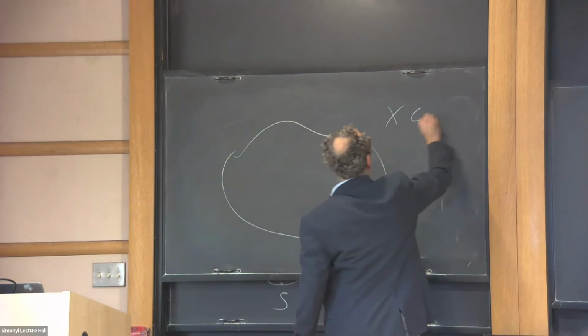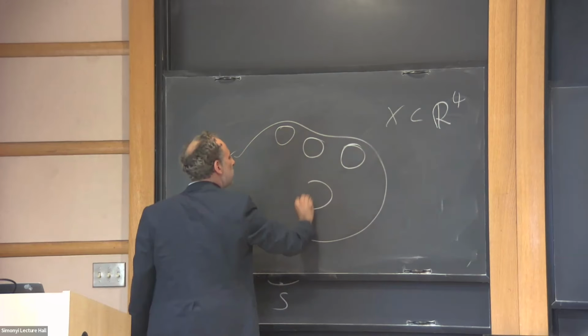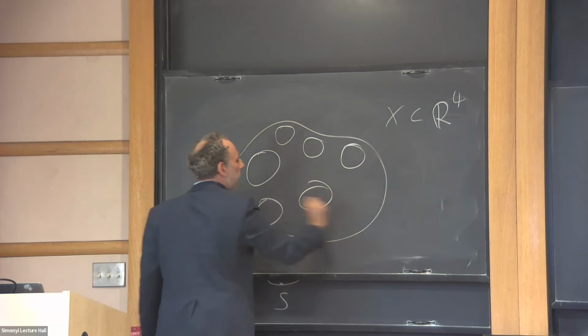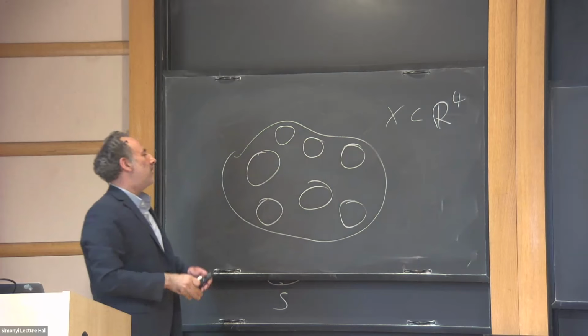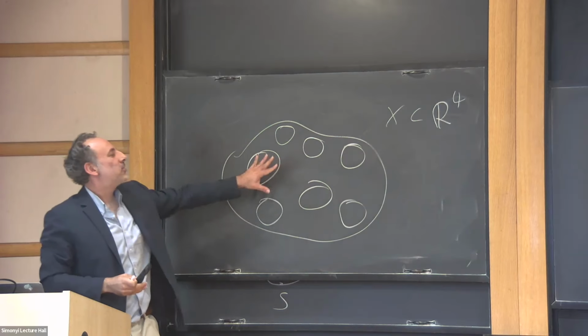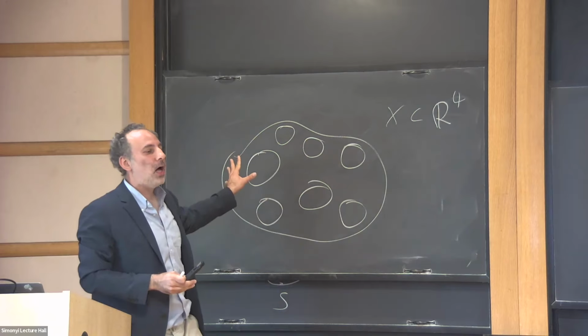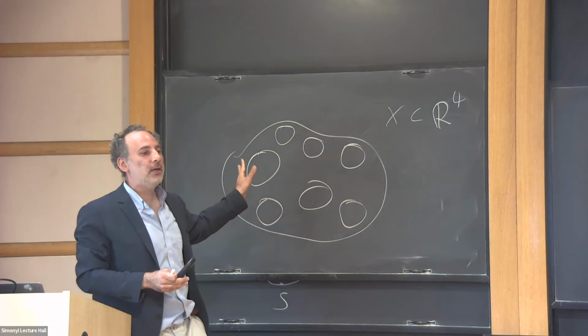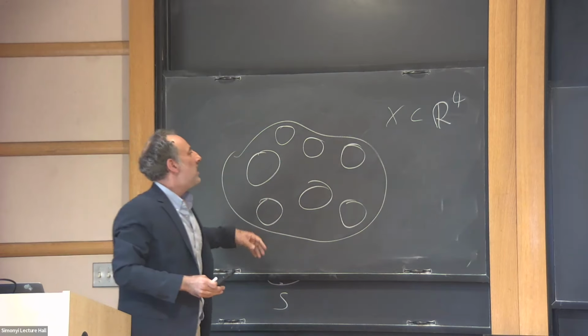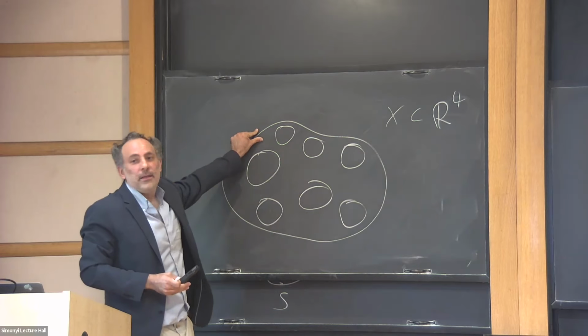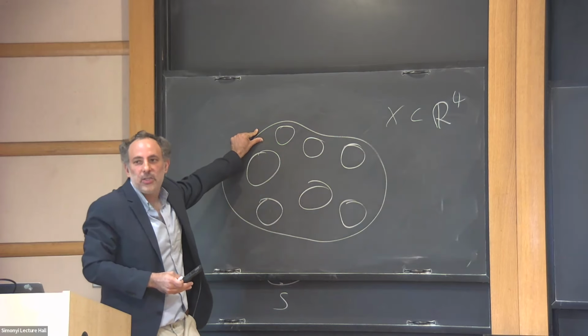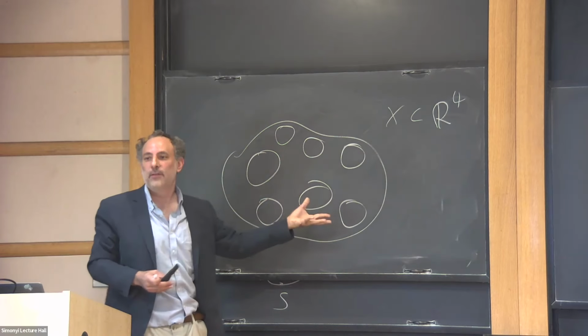Okay, I want to prove the Weyl law for X. Well, I can fill X by balls up to an error of epsilon in the volume. Since I have limited time, you'll have to just picture in your head a slightly tighter ball packing. But I fill X with balls up to an error of epsilon in the volume. By the monotonicity axiom, that tells me if I run the c_k squared over k computation for X, it's greater than or equal to the volume.